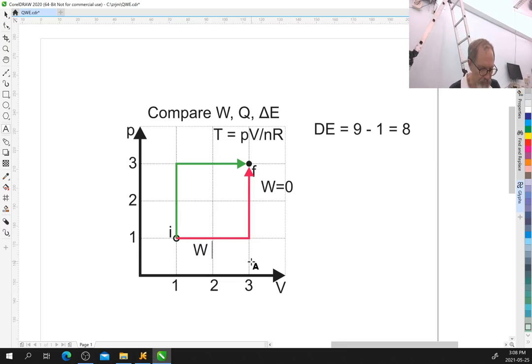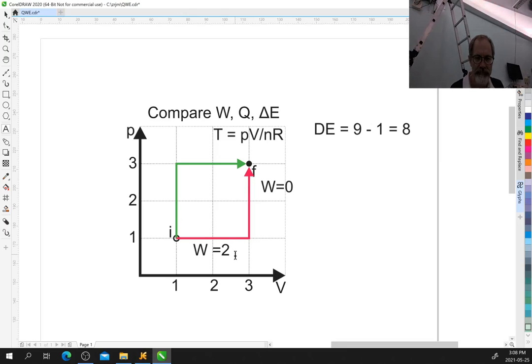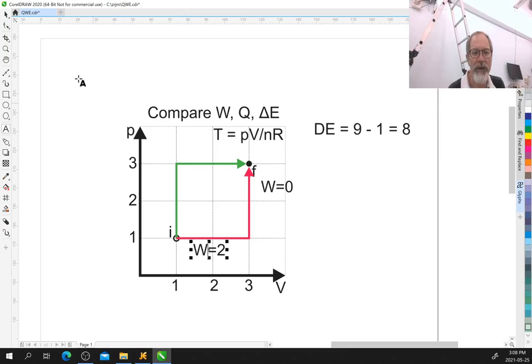So the work is going to be equal to 2 units. Okay, so I've got these two transitions. Remember, it's an expanding gas, so that means the work is going to be negative, right? It's the negative area under the graph, so it's negative 2.